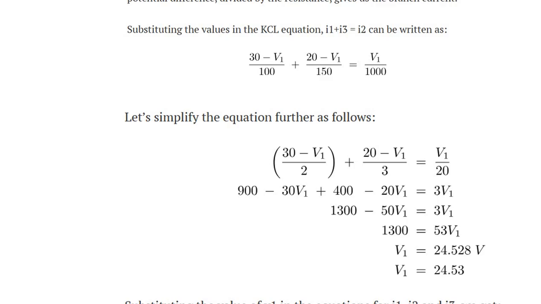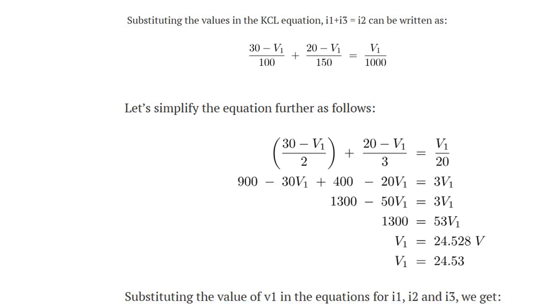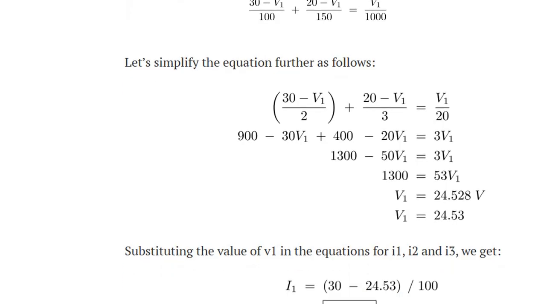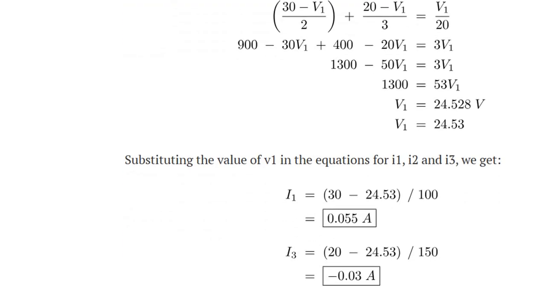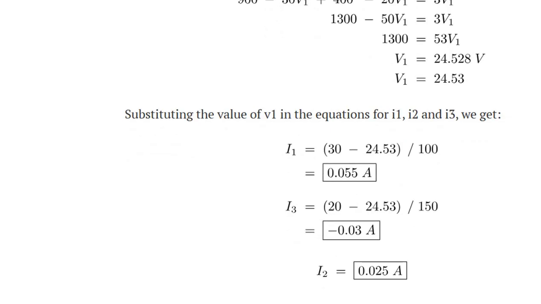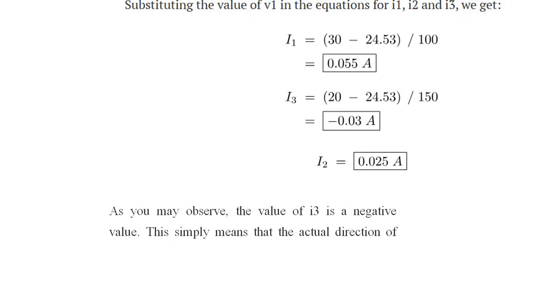By solving these equations, we get V1 is equal to 24.53. After substituting the value of V1 in the equations for I1, I2 and I3, we get I1 equal to 0.055 amperes, I3 equal to minus 0.03 amperes and I2 equal to 0.025 ampere.